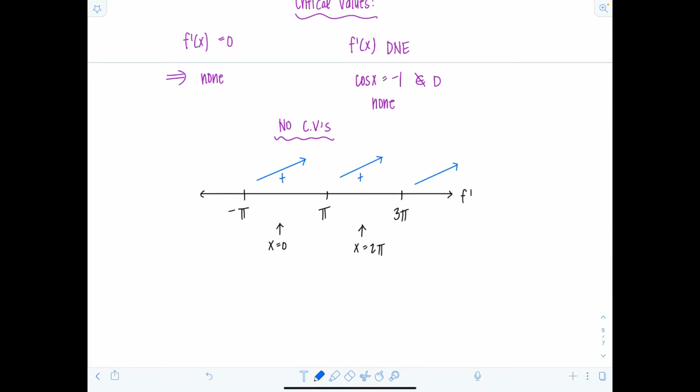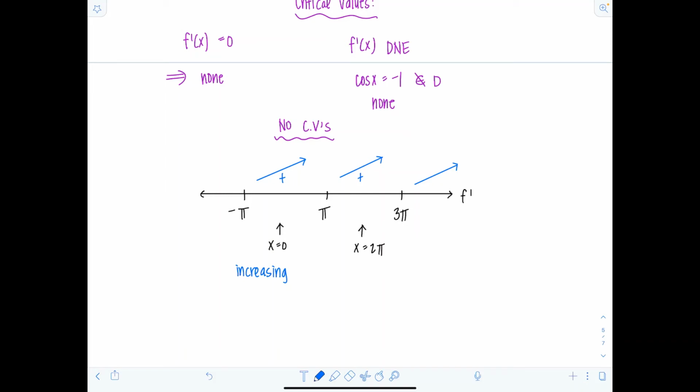That means wherever the function exists, wherever the function is allowed to live, it's always increasing. Now you have to be careful how you write this out, because are you going to sit here and list out every single interval? I don't think so.